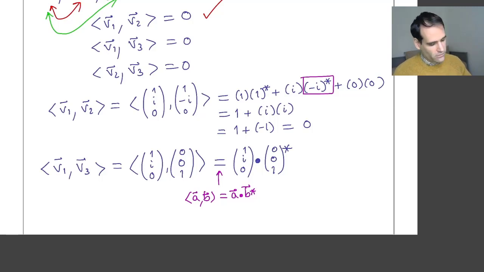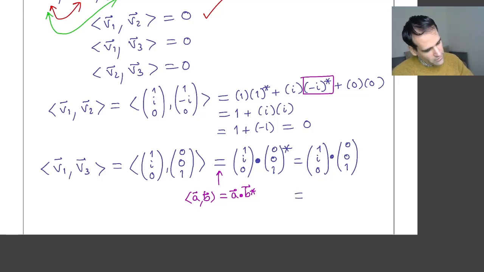But since this second vector is 0, 0, 1, and the complex conjugate flips the sign of the imaginary part, and this vector has no imaginary part, this is simply the dot product of this vector with this other vector. And the dot product is very easy. It's 1 times 0 plus i times 0 plus 0 times 1, 0. Okay, so this second case is also true.